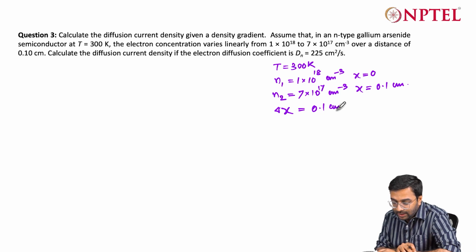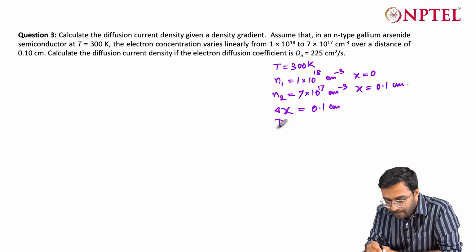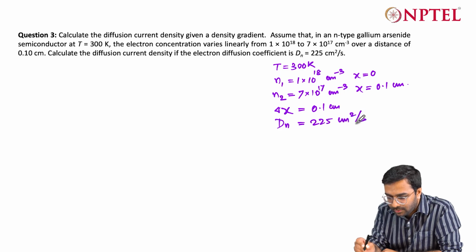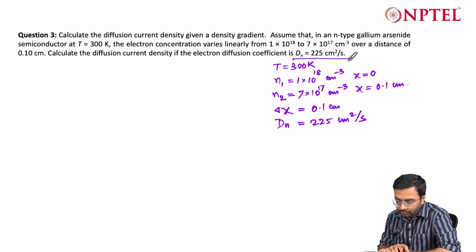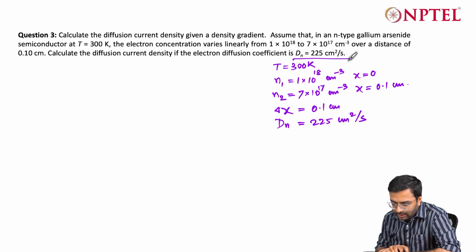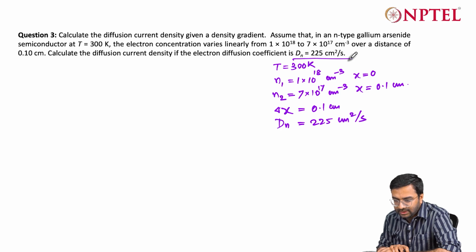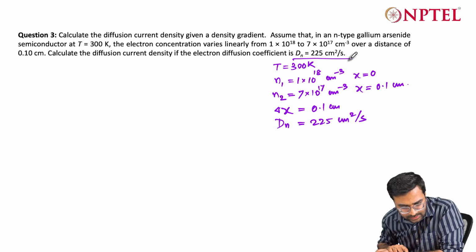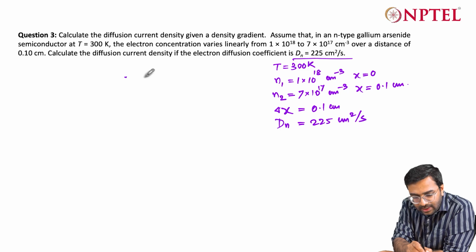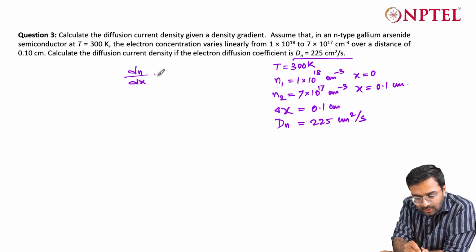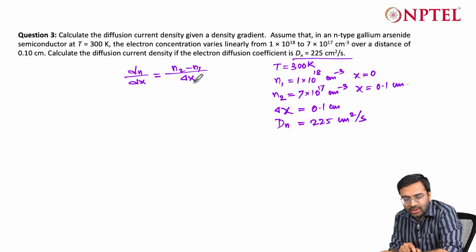Then we have the electron diffusion coefficient, which is Dn, as 225 centimeter square per second, given over here. Now, in this situation, let us calculate the concentration gradient. The electron concentration varies linearly, so we can consider that dn/dx is equal to n2 minus n1 divided by delta x, because it is changing linearly.